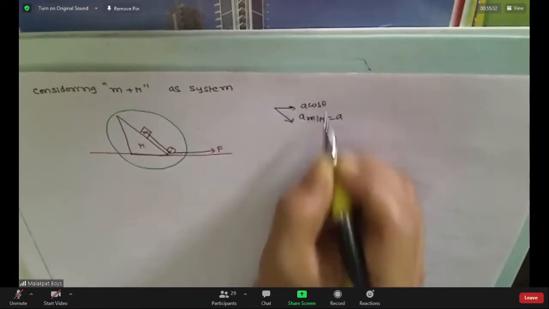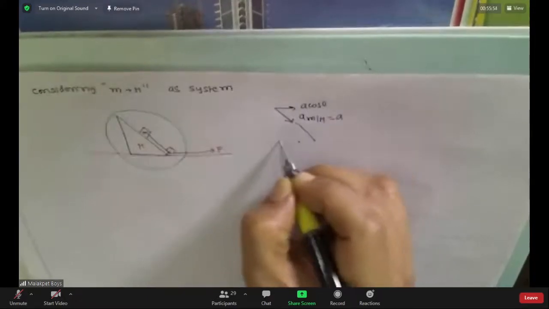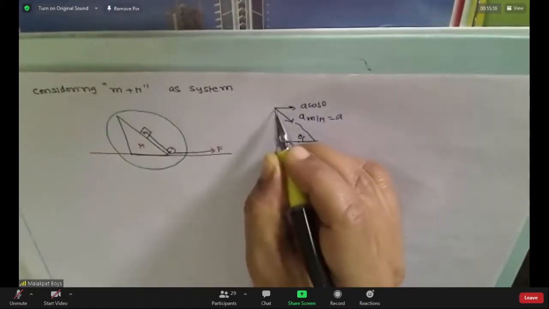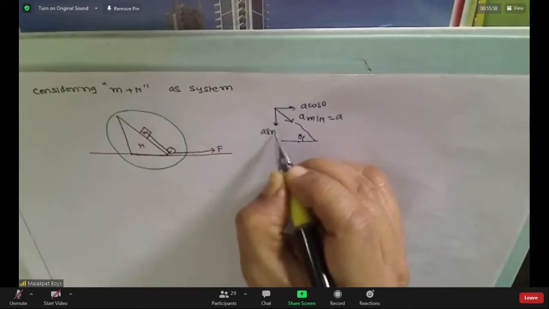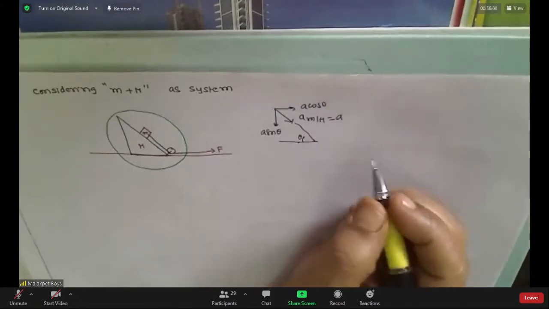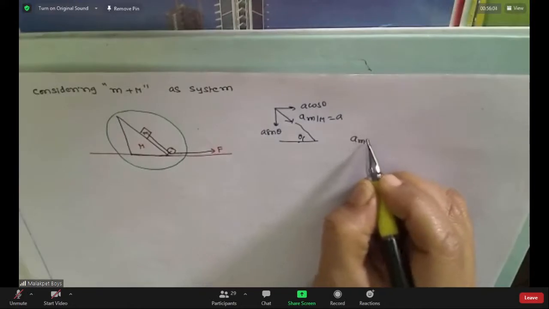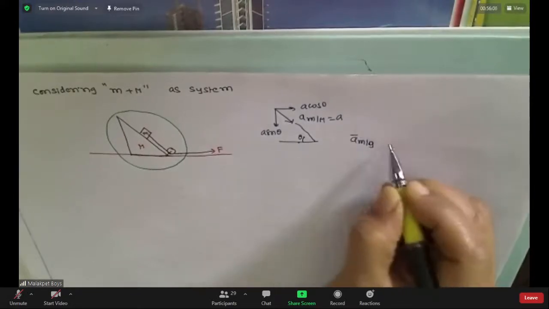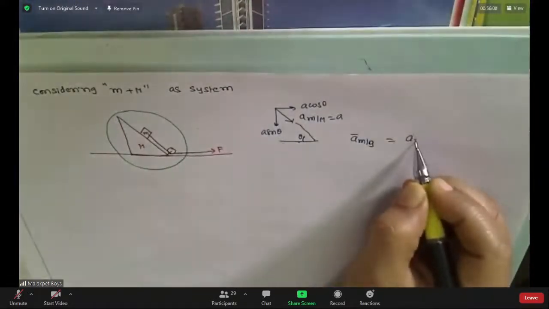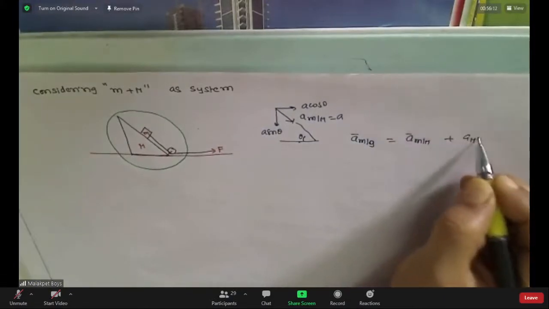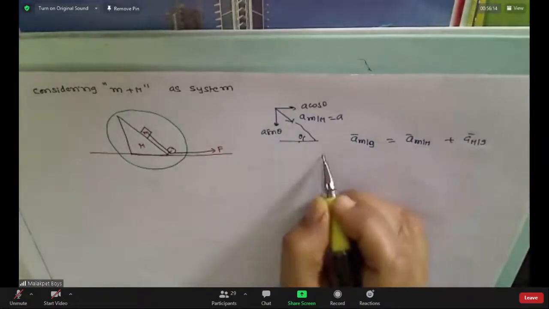A cos theta, because this is theta now. What is this? A sin theta. Do you agree with this? Now acceleration of small m with respect to ground we need. This is acceleration of small m with respect to this plus acceleration along x-axis we need.